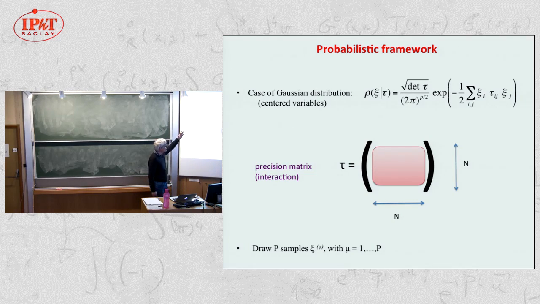And what we do here is draw randomly p samples, which are independent realizations from this multivariate Gaussian distribution. The question we ask is: when tau is different from the identity matrix, is it possible to find the interesting directions, that means the directions in the n-dimensional space corresponding to eigenvalues different from 1?